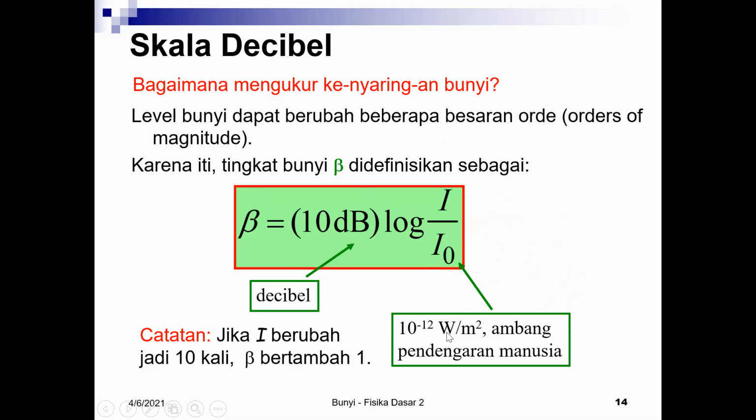So this I0 is the threshold of the human ear, the threshold power of the sound wave that can be heard by humans.